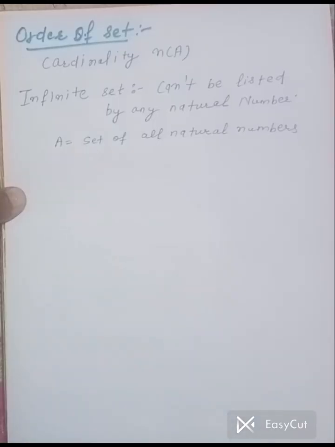If there is any natural number by which I can list it. No. If you give me 1 billion, I will give you 1 billion 1. So for every element there is something which is greater than that element. So obviously it is not a finite set, it is an infinite set.